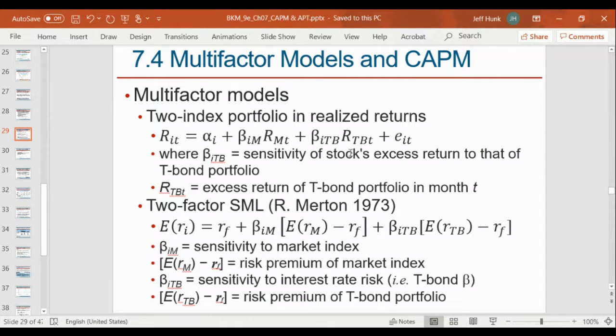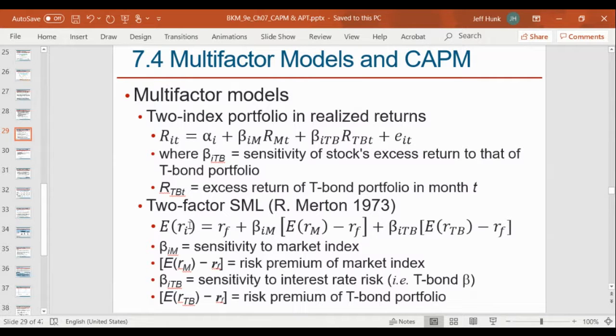So it makes quite good sense to use the Treasury bond as another explanatory variable or another index. That would be a good example.